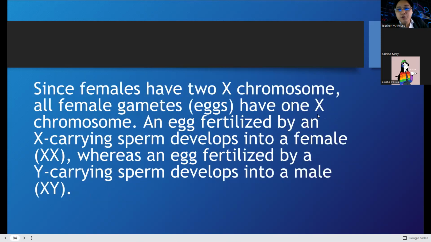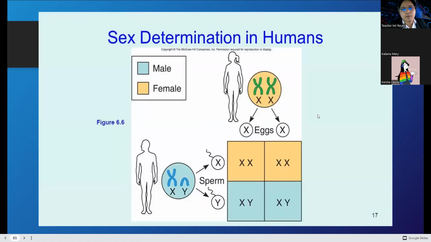Since females have 2 X chromosomes, all female gametes or eggs have 1 X chromosome. An egg fertilized by an X-carrying sperm develops into a female, whereas an egg fertilized by a Y-carrying sperm will develop into a male, or XY. Hence the sex determination in humans.